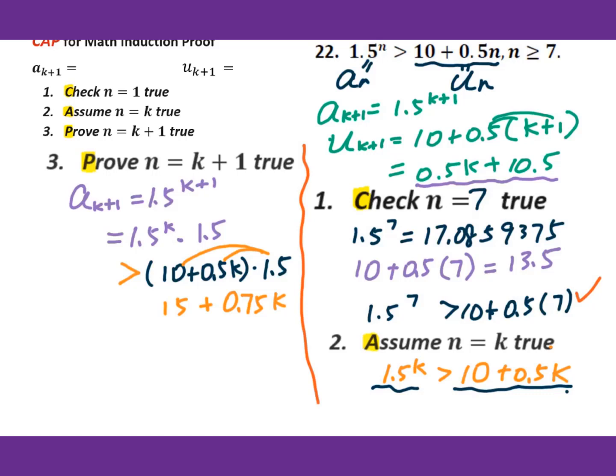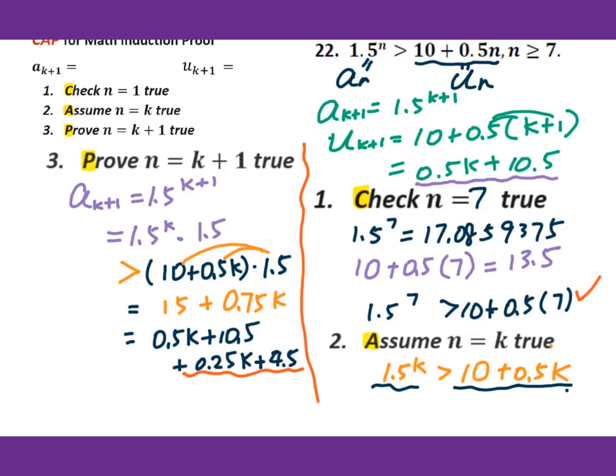So we will create 0.5k plus 10.5. Then you need to plus 0.25k plus 4.5.